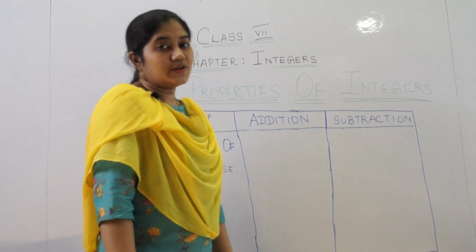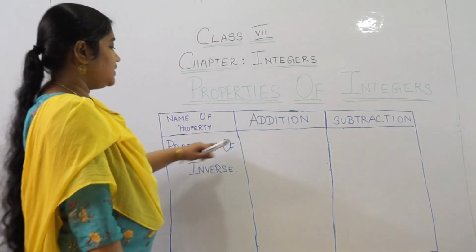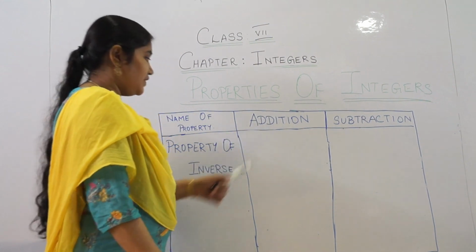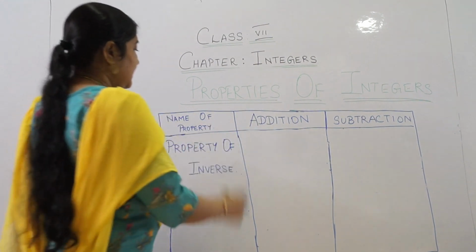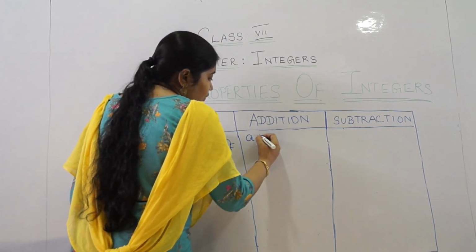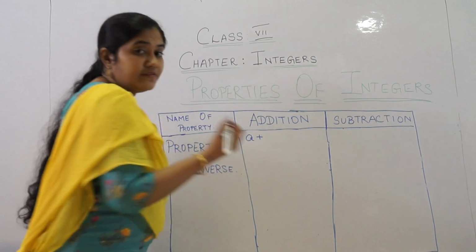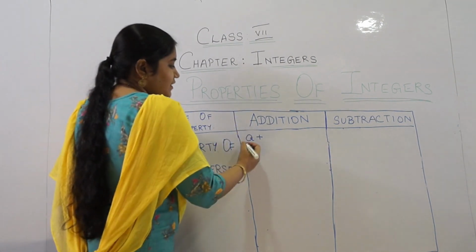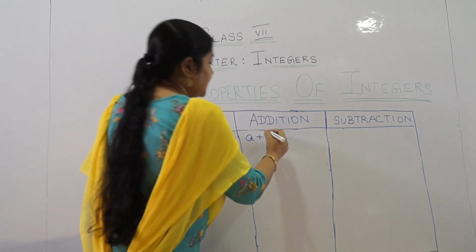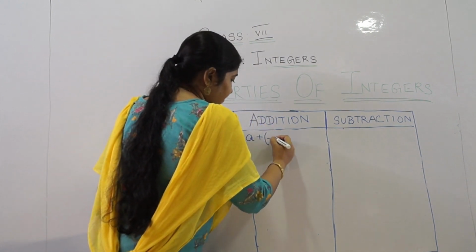The next property that we are going to see is the property of inverse. In addition, what is the property of inverse? Suppose we take an integer a, and add it with its inverse. The inverse of a is nothing but minus a.